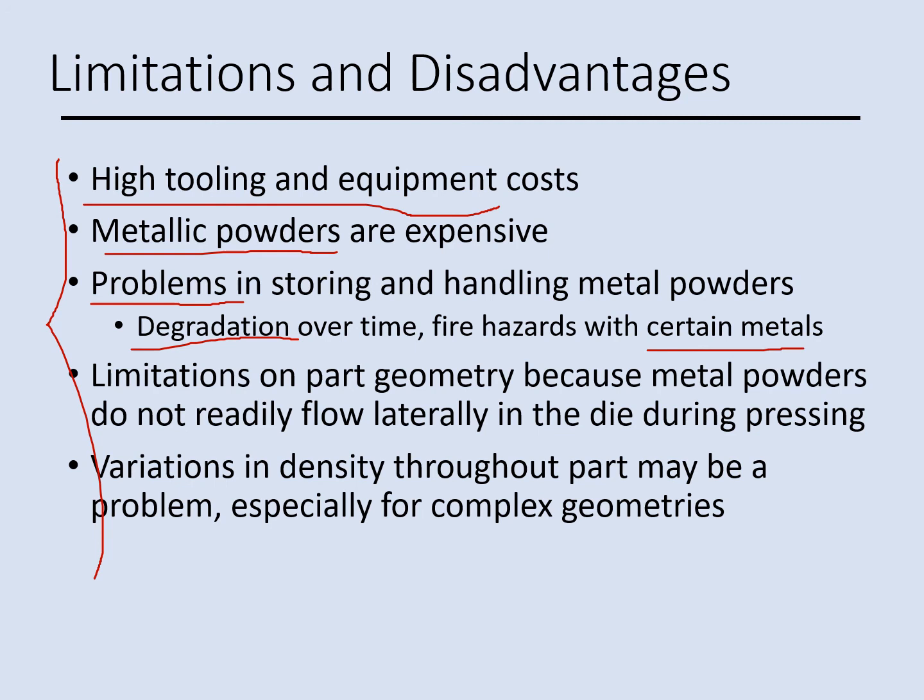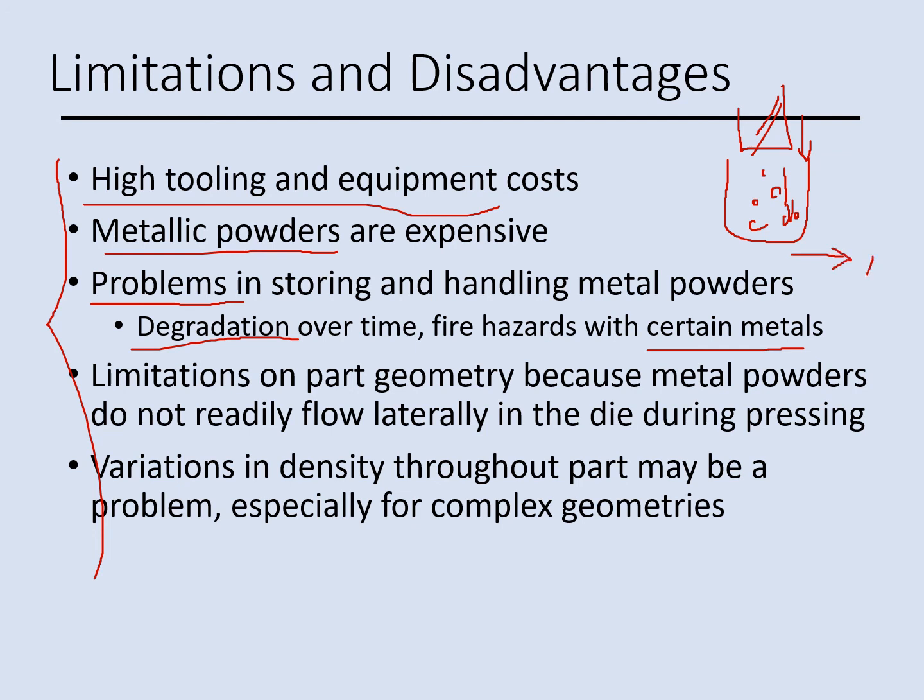certain metals. The next problem is the limitation on the part geometry, because the metal powder cannot flow laterally in the die during pressing. So if you have a die like this and the powders are sitting here, and you have the punch up here, and the punch is coming this way, the powder may go in Y direction and in X direction.